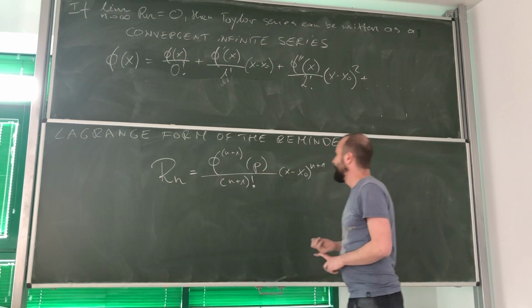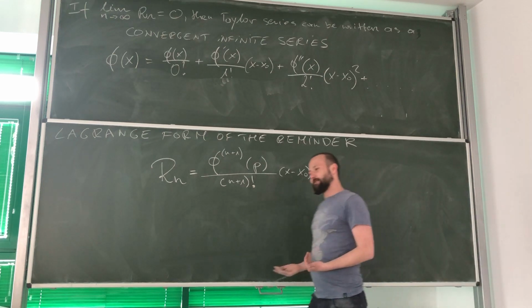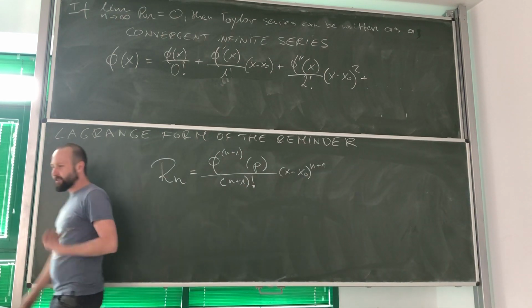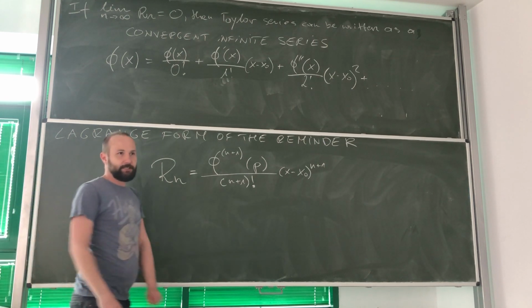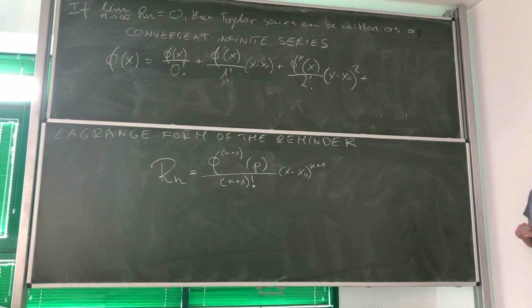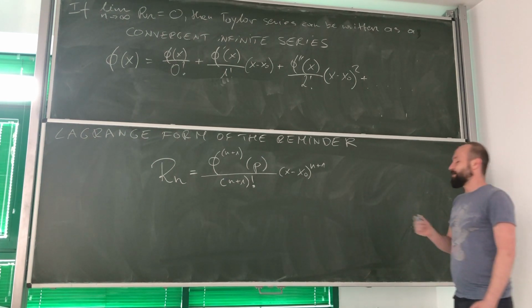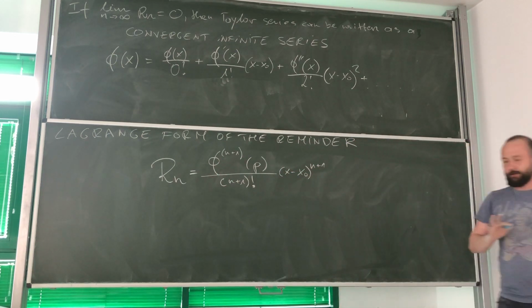Except for the fact that this is our error, it doesn't bring much useful information. However, there is an exception, and it happens when we deal with the Lagrange form of the remainder.